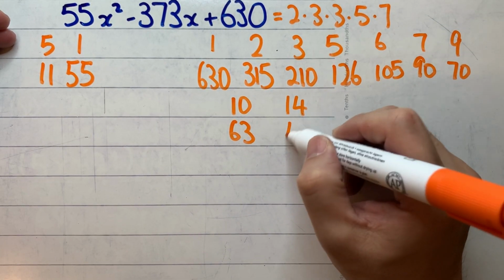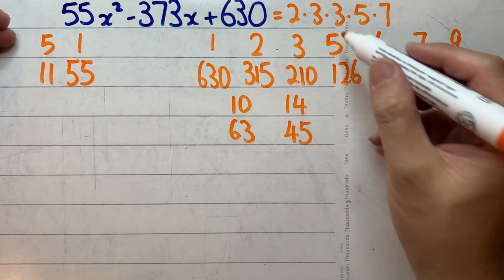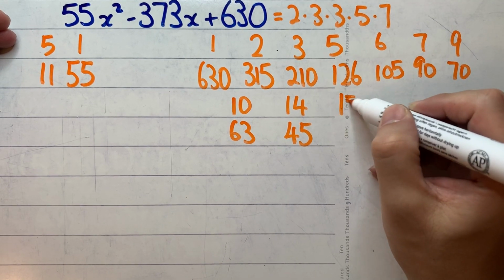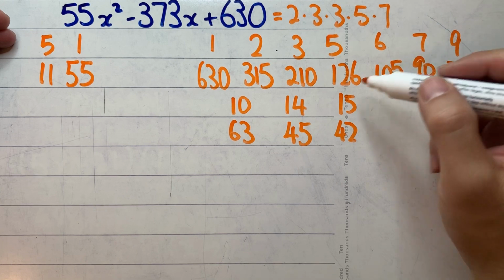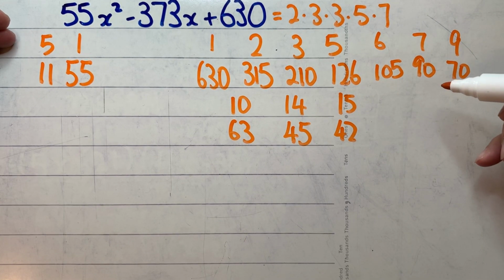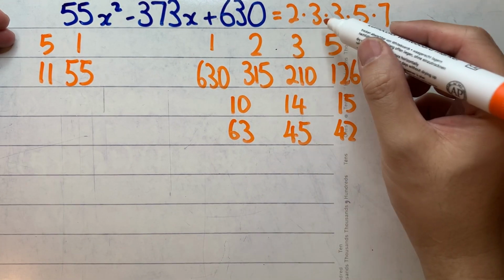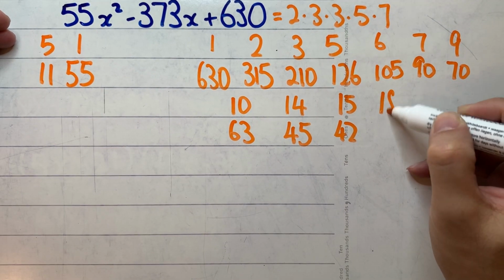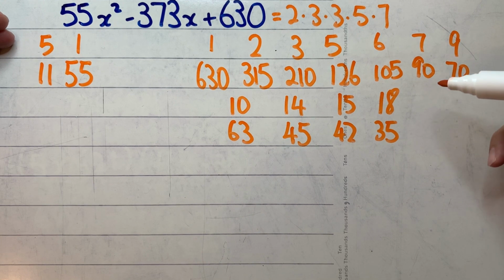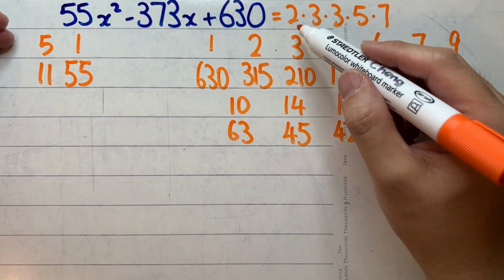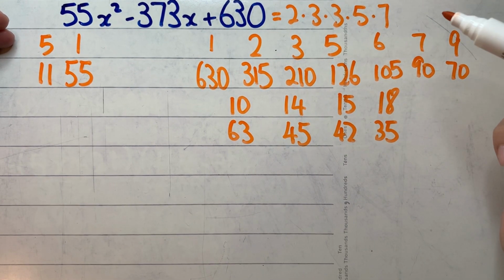And we have 45 with 15. We have 42. 16 is a multiple of 4, we skip. 17 prime, we skip. 18, 2 times 3 times 3. 19 prime, we skip. 20, it's a multiple of 4, we also skip. 21 prime, we skip.